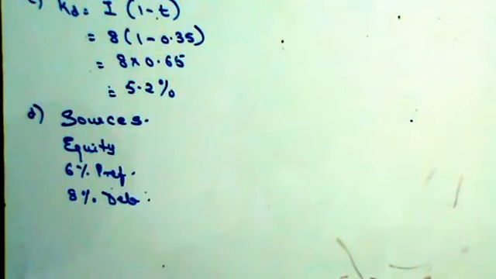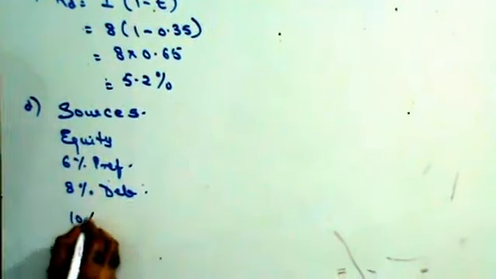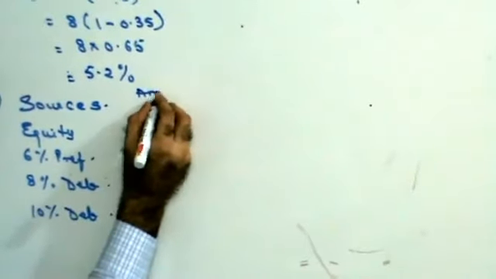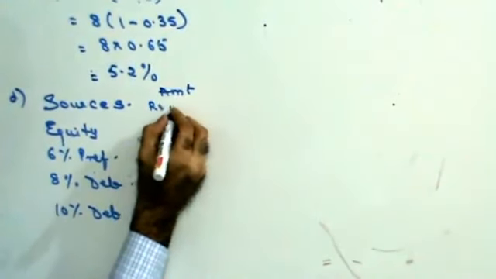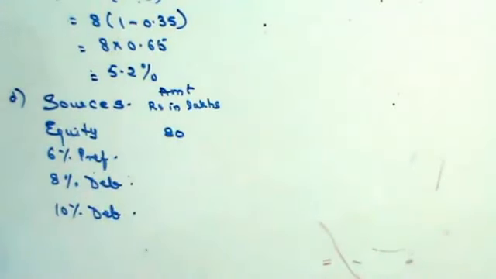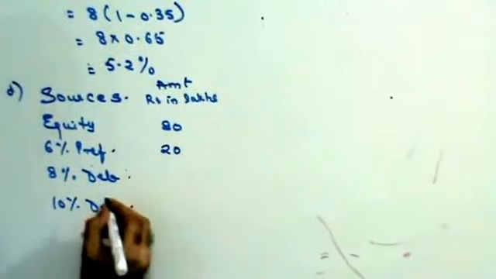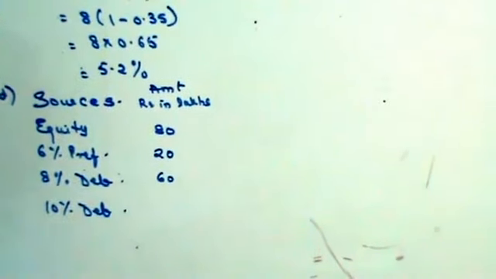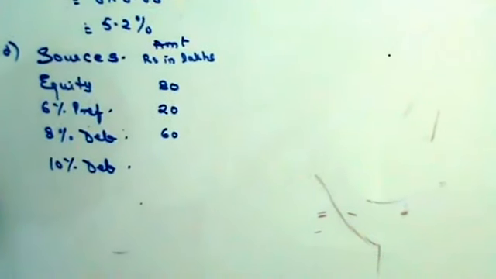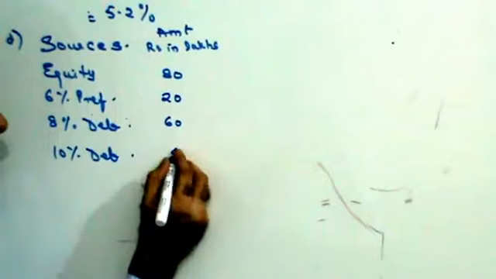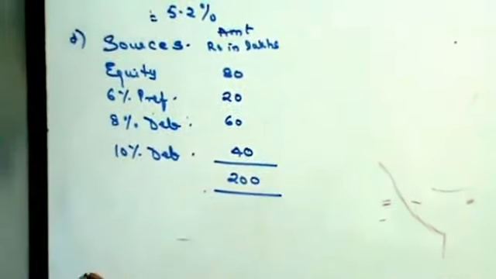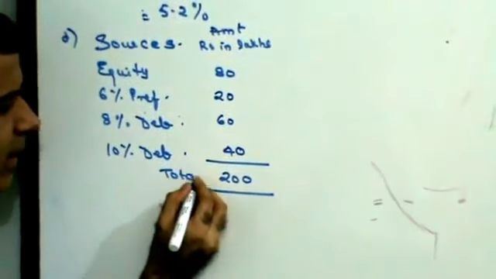Besides this, I am issuing another 10% debentures. Amount, rupees in lakhs. Equity is already given to you as 80 lakhs, 6% preference shares 20 lakhs, 8% debentures 60 lakhs, and they are saying that we are issuing another new 10% debentures of 40 lakhs. So the total amount is going to be 200 lakhs.